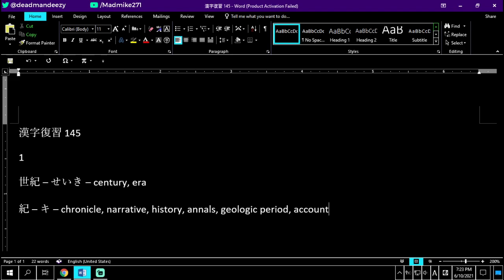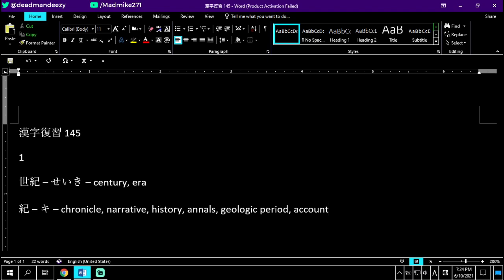So the account of the world is kind of the present century. Seiki is a century or era. Chronicle of the world for a given time period, century or era.